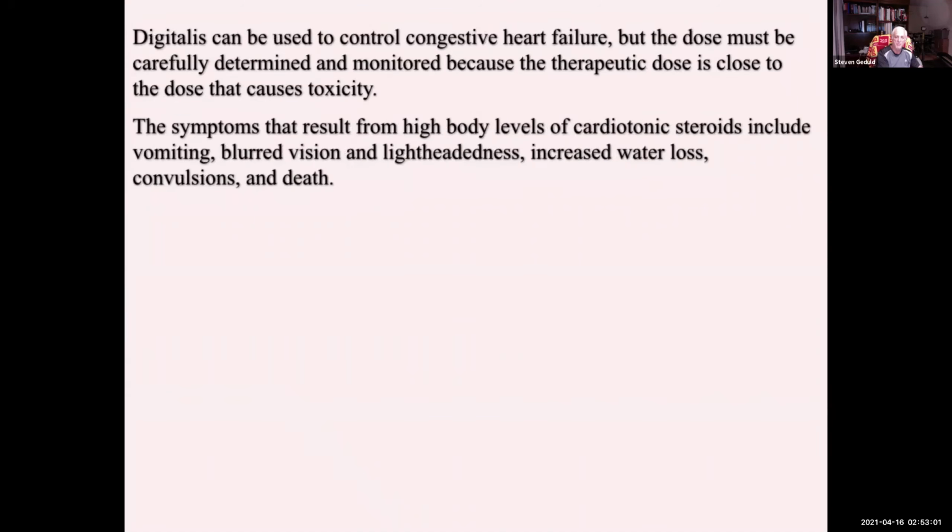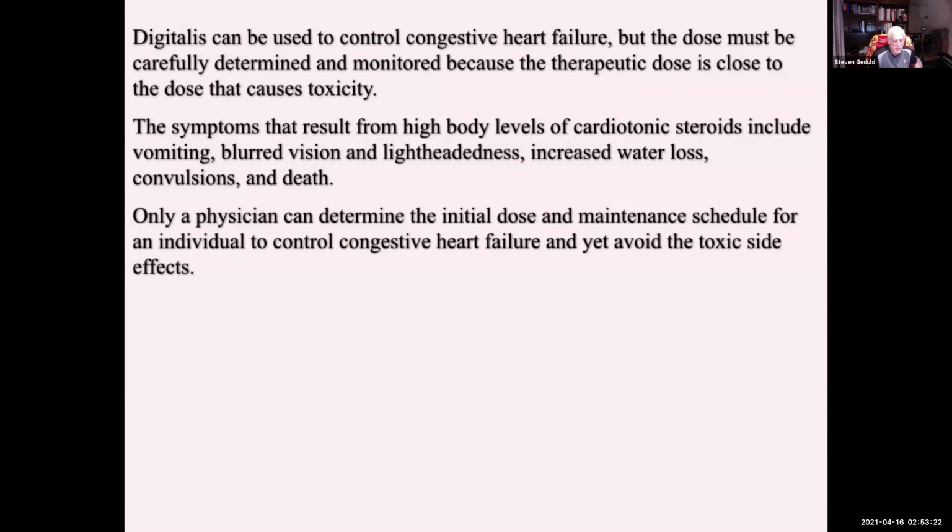Symptoms that evolve from high blood levels of cardiotonic steroids, like digitalis, include vomiting, blurred vision, lightheadedness, increased water loss, convulsions, and death. So you have to be very careful in utilizing digitalis with your patients. Only a physician, cardiologist, or someone else using it can determine the initial dose and maintenance schedule for an individual to control congestive heart failure and avoid the toxic side effects.